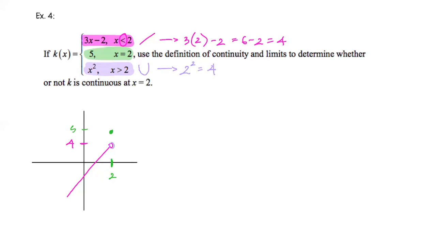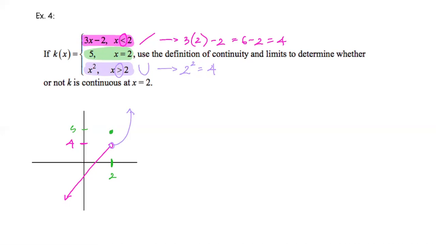Again, it's not a closed circle there because this is greater than, and then it's going to be the parabola. So we've got a line to the left of 2. We have a point at 2, and we have a parabola to the right of 2. Okay, so that's what it looks like visually.